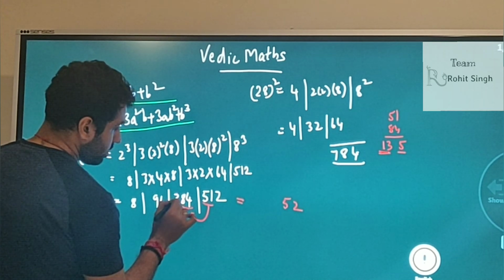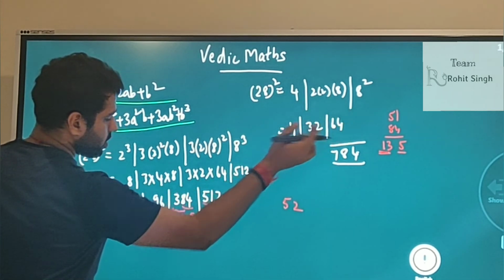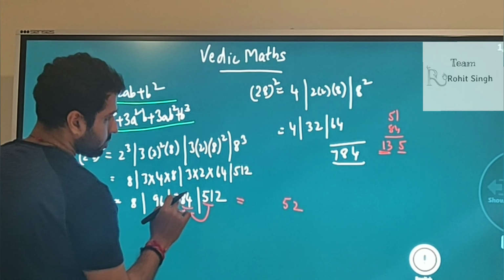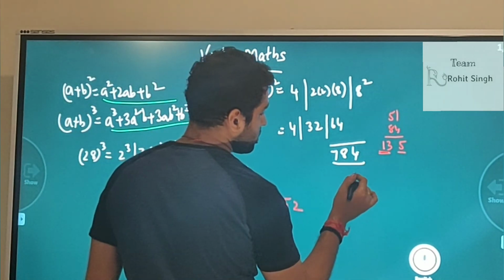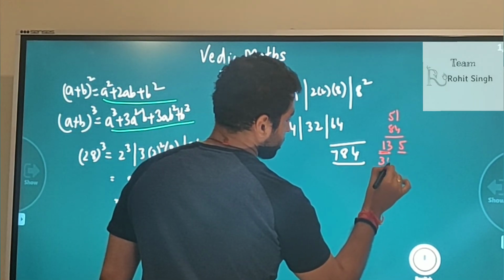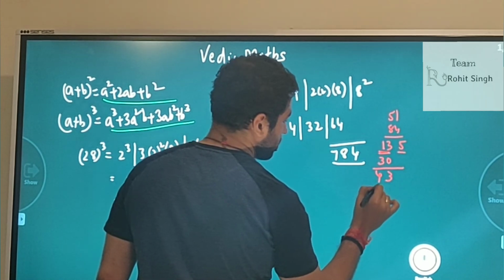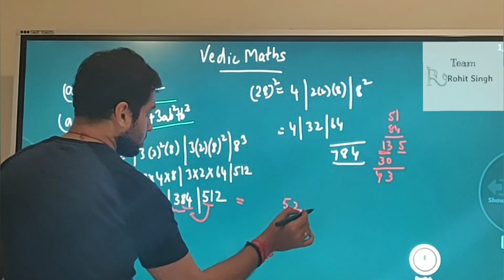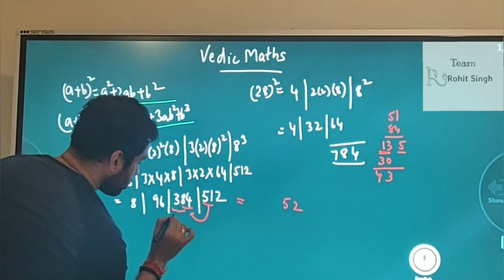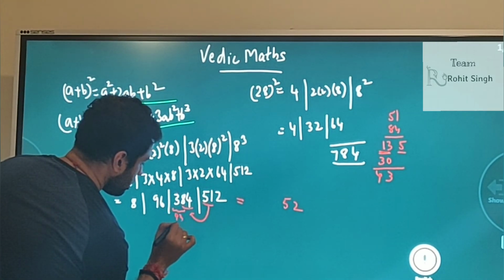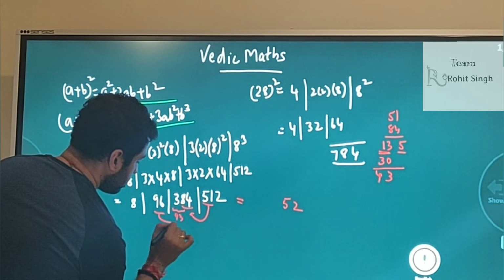So 3 is there, 84 is already there over here. So if you want to get this value, what we will be left with is 30, right? So this is 3 and this is 4. So 43.